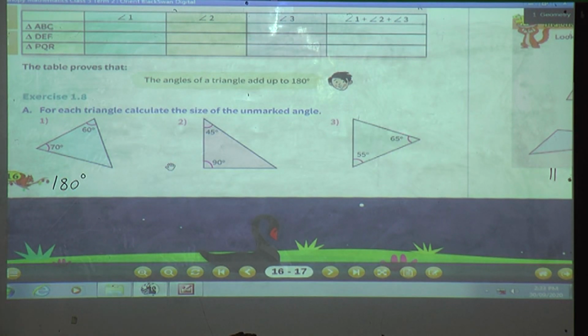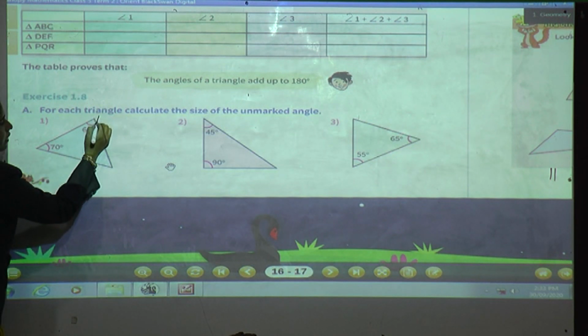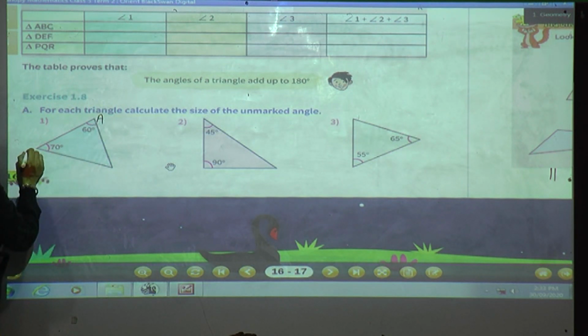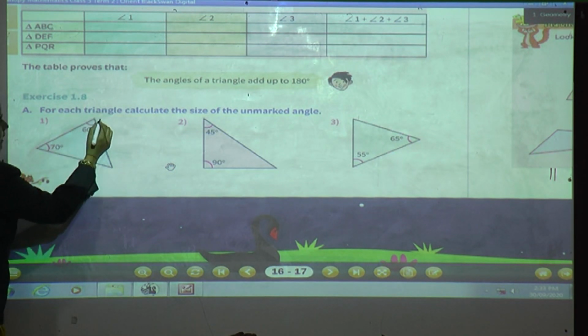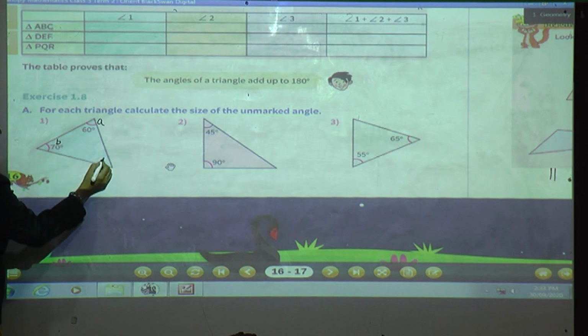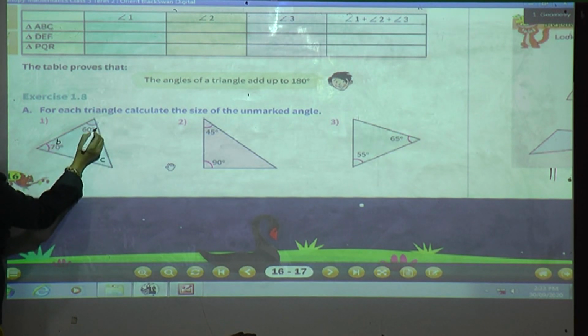Now students, here are the measurements of two angles. Here is 60 degree and 70 degree. We'll give them names A, B and C here.